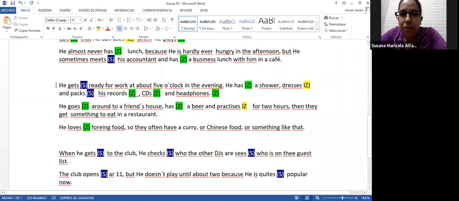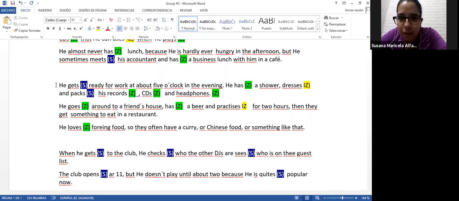He gets ready for work at about 5 o'clock in the evening. He has a shower, dresses, and packs his records, CDs, and headphones. He goes around to a friend's house, has a beer, and practices for 2 hours.